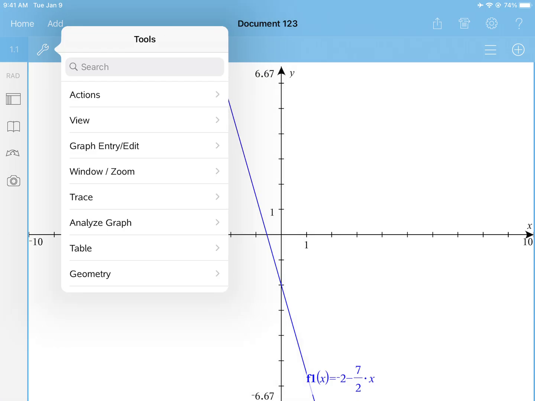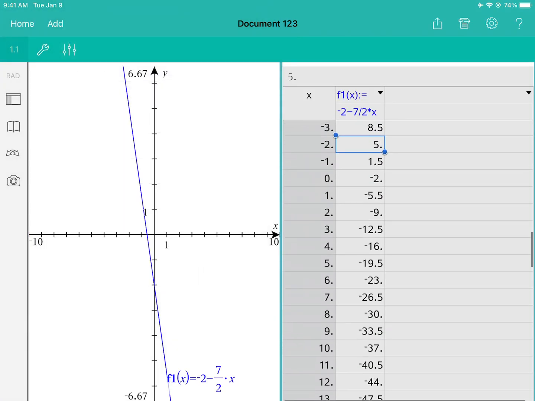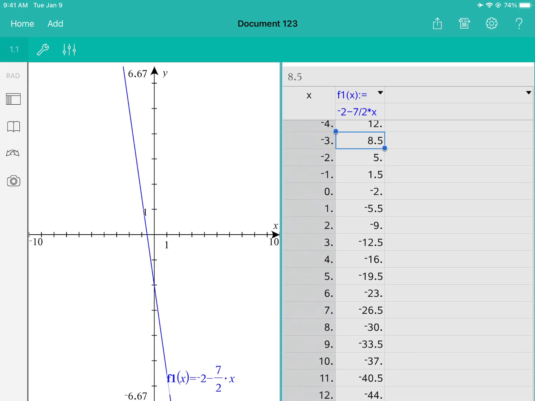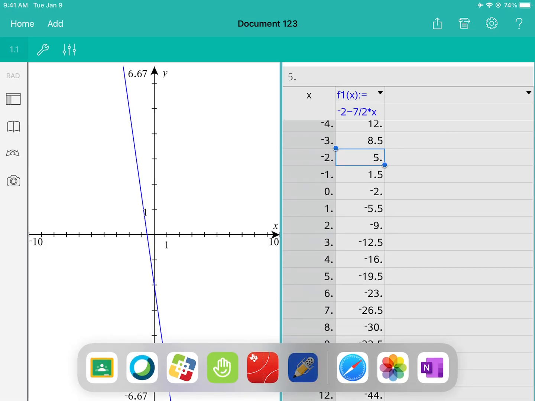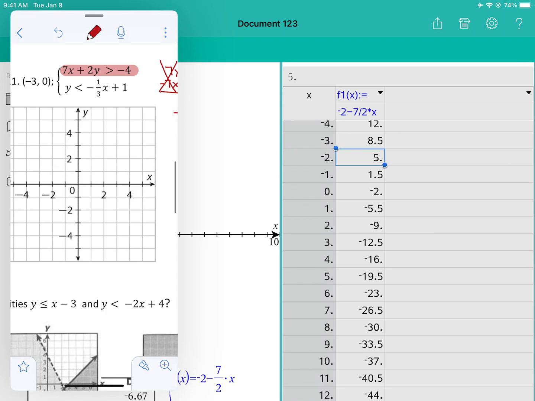Menu, table, split screen table. And I don't honestly know if I'll have any values that I'm able to graph. I need at least 2, so there I see 2. Okay. So the only 2 points that I can plot on this graph are going to be -2, +5, and 0, -2. And then all of the others are not going to fit on my graph.